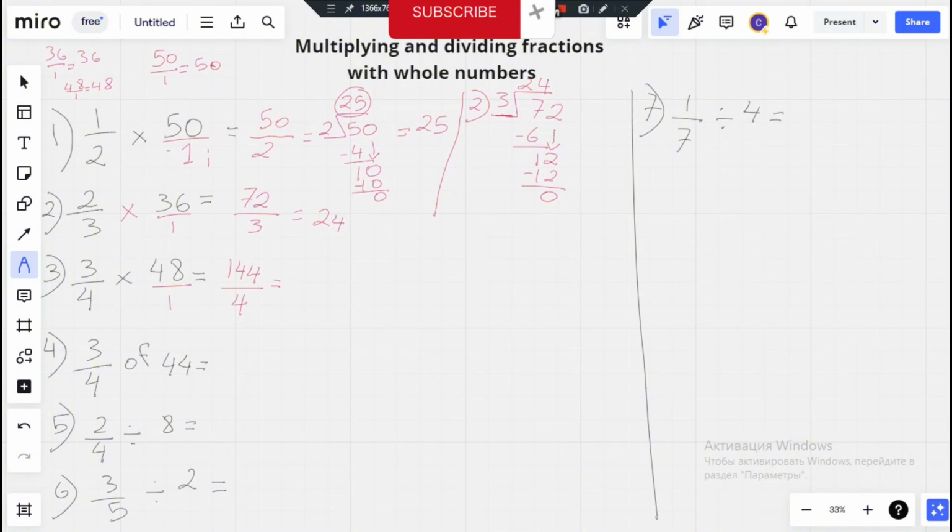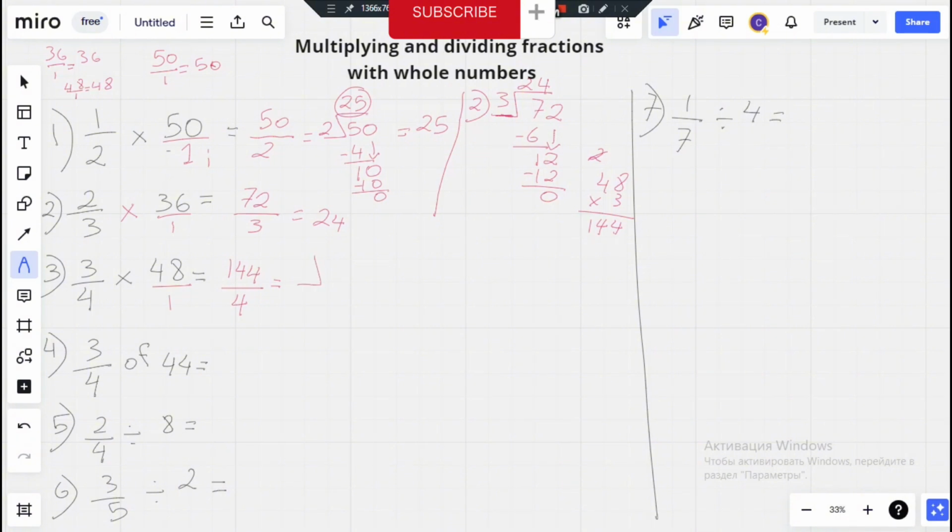If you can't do it off the top of your head, 3 times 48, you can just do it like this. 8 times 3, that's 24. Carry the 2, 3 times 4, 12, plus 2, that's 14. So it's 144 divided by 4.